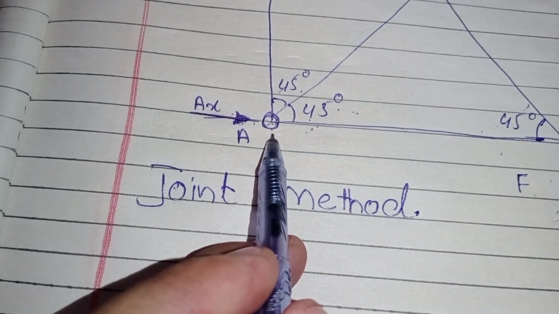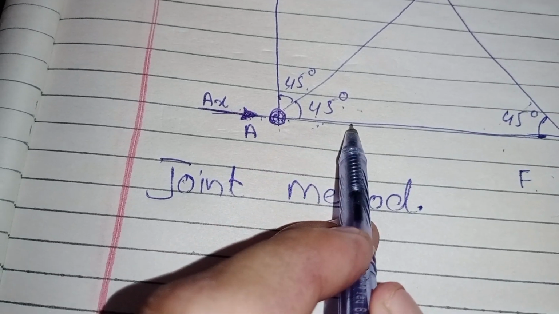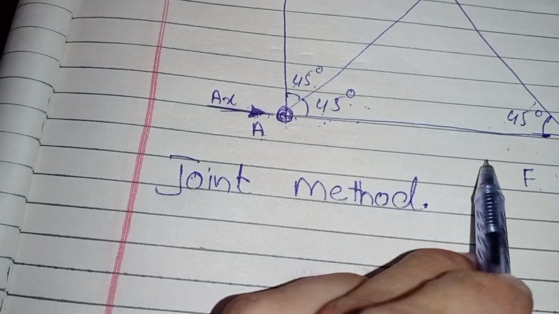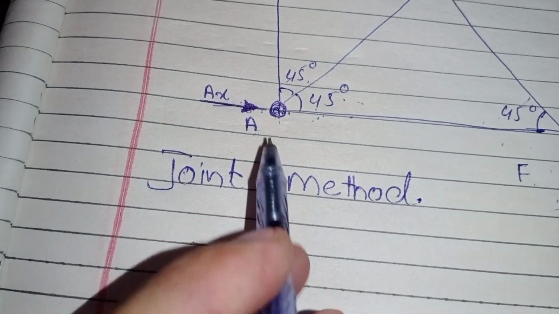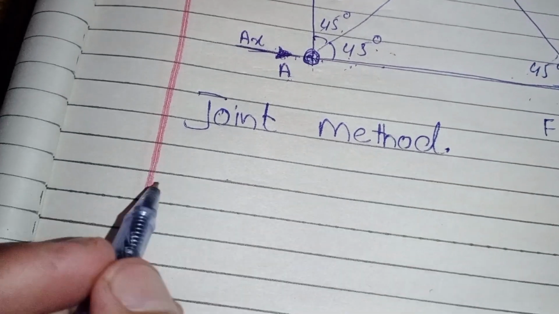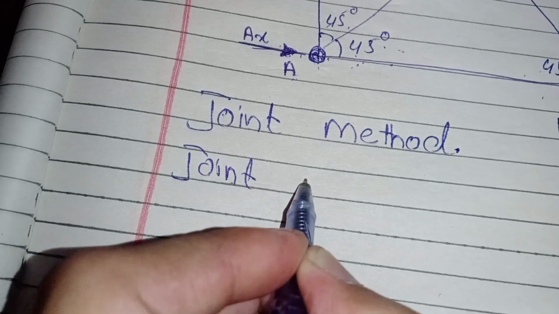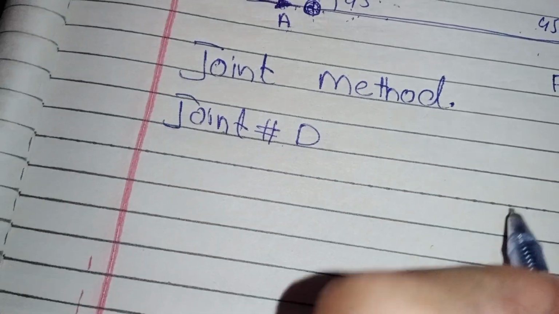If you take another joint, it will be very hard for us to calculate forces in members AC, AB and AD, because there is no known force. So first of all I take joint D.